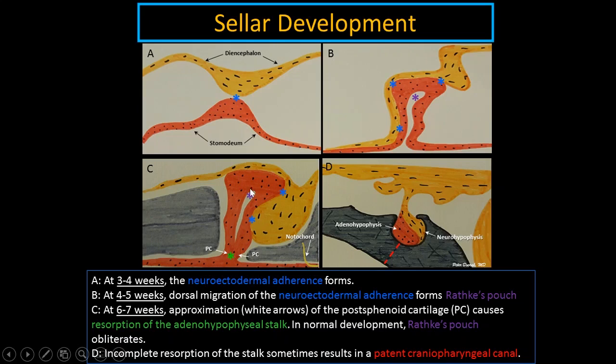Normally, the Rathke's pouch will obliterate. If there is incomplete resorption of the adenohypophyseal stalk, this can result in a variant within the skull base referred to as the patent craniopharyngeal canal, which would extend from the floor of the sella to the anterior margin of the clivus, as indicated by the red dotted line in the diagram.